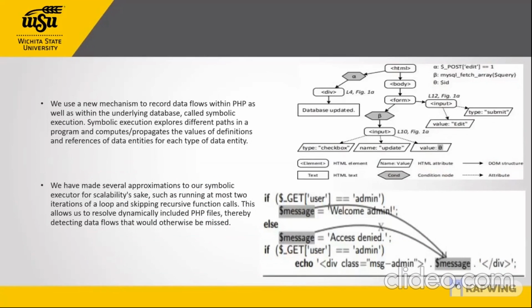For example, in the code below, the PHP variables do not have the required relations since they are under different path constraints. For scalability, we have made several approximations to our symbolic executor, such as running at most 2 iterations of a loop and skipping recursive function calls. Also, symbolic execution allows us to resolve dynamically included PHP files, thereby detecting data flows that would otherwise be missed.